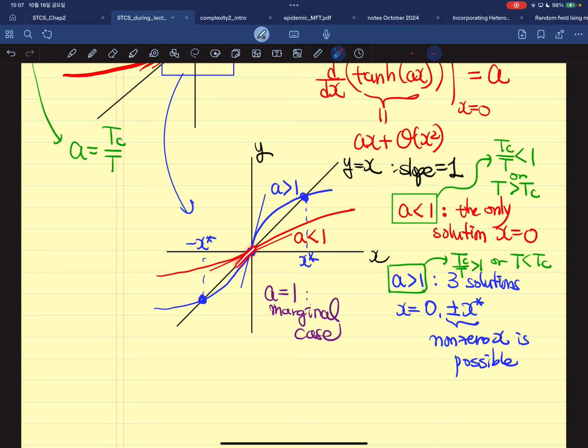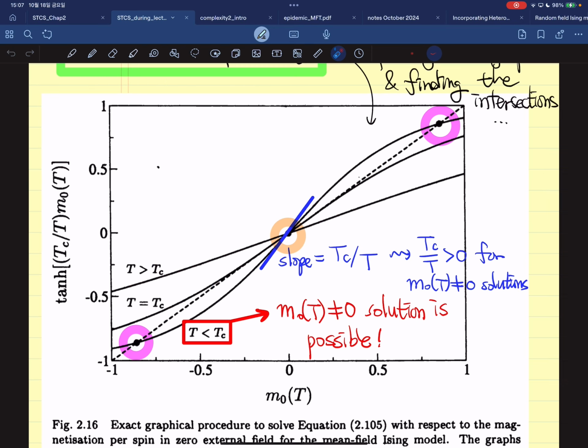If the local slope is exactly 1, it still has one solution, but a very small perturbation would make the solution into 3 solutions. So it's kind of a marginal case. This is the most important concept in this case.